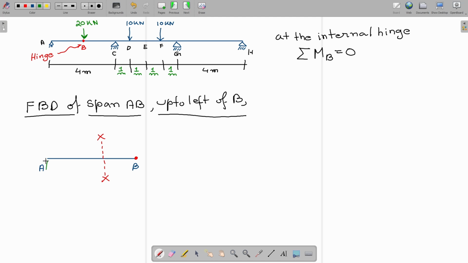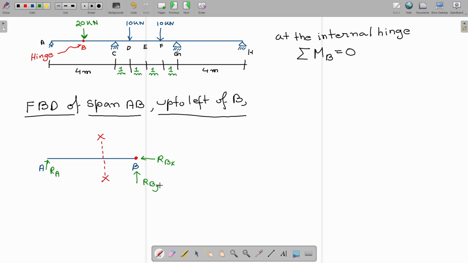At A there will be a reaction RA. Now at B there will be two reactions since it is an internal hinge: one is RBX, the horizontal reaction at B, and another is RBY, the vertical reaction.